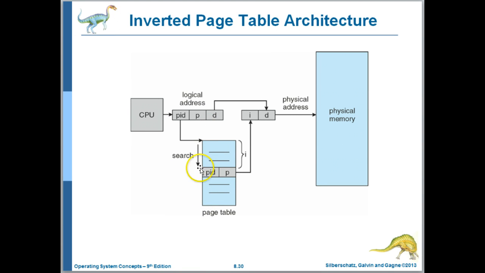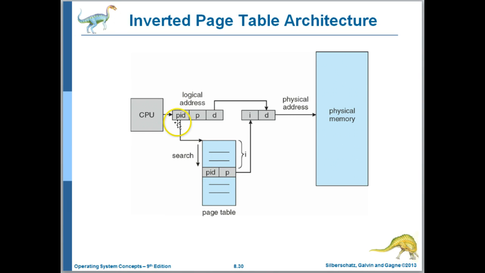So the inverted page table is searched. Ideally, we would use an associative memory for this. You can see that it's indexed here by the frame number, and the entries are an address space identifier or a PID, indicating the process that has been allocated the frame along with a page number.